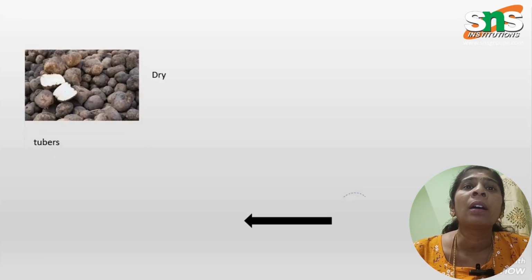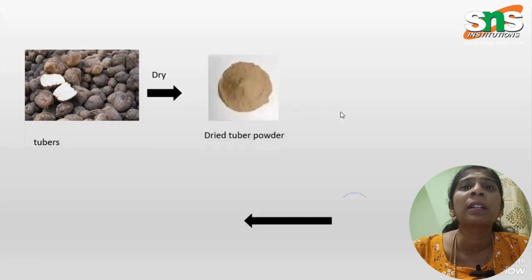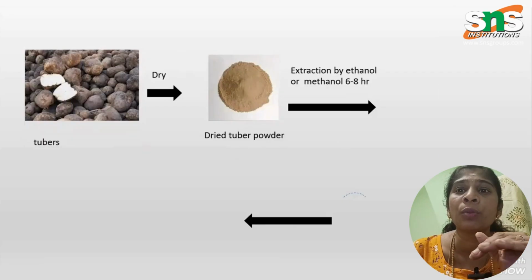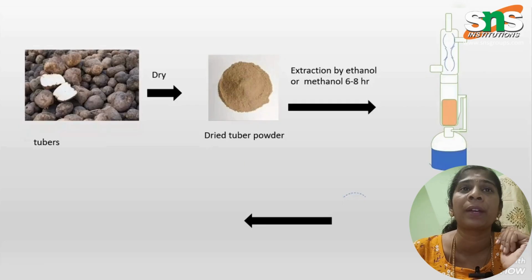The principle behind the isolation of diosgenin is acid hydrolysis of saponins. In Dioscorea, diosgenin exists in bound form as a glycoside called dioscin. When treated with dilute mineral acid, the sugar moiety is removed, releasing the aglycone diosgenin, which is insoluble in water and can be separated and purified.